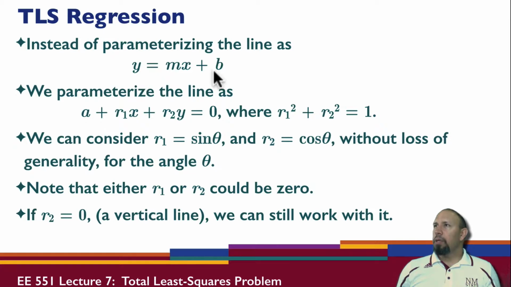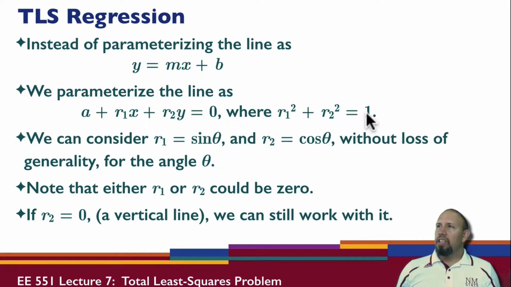So instead of parametrizing the line this way, y is equal to mx plus b, which is a common way of parametrizing a line because we have slope and intercept, we're going to parametrize the line this way: a plus r1x plus r2y is equal to 0. Okay, and we're going to say that r1 squared plus r2 squared is equal to 1.